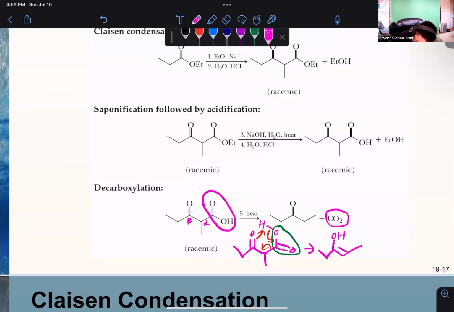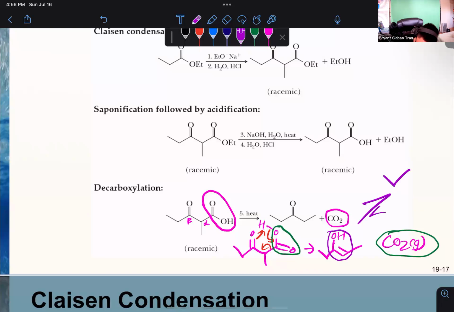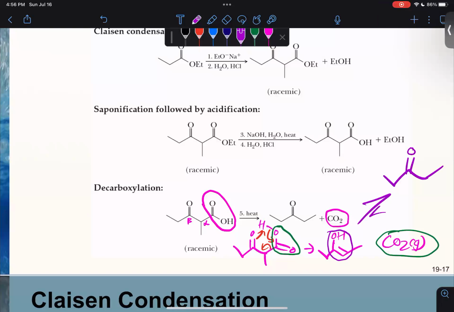The methyl group goes up there. And then CO2 gas, which is this green thing I circled. And then we have an enol here, right? Which we do tautomerization right here, which is the answer right here.